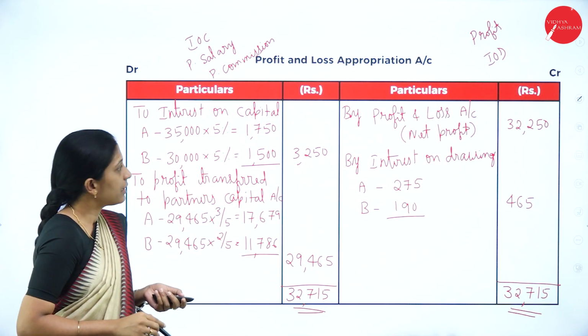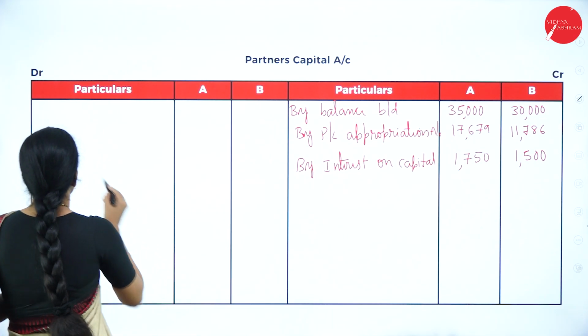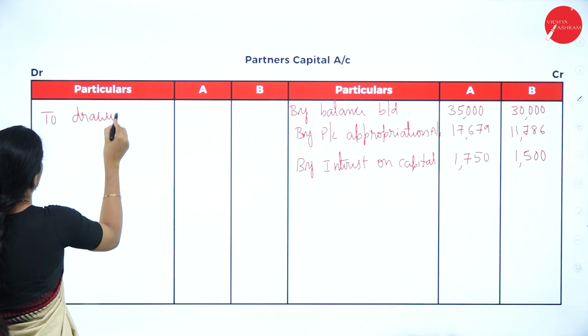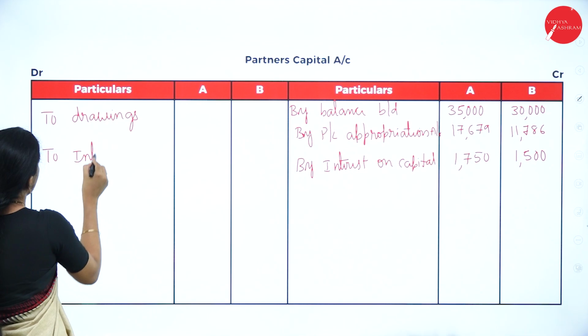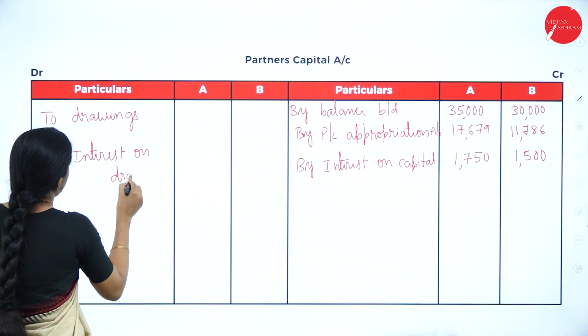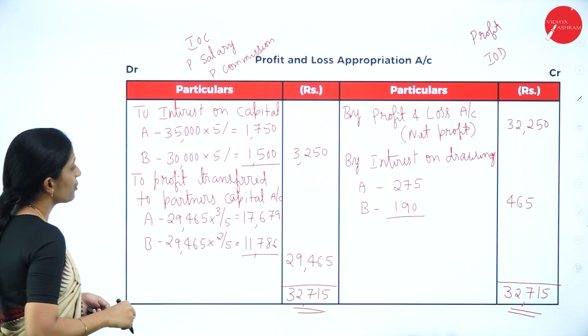Now, in the debit side, we have to transfer the drawings as well as interest on drawings. So, how do you write? To drawings and to interest on drawings. So what was the interest on drawings?